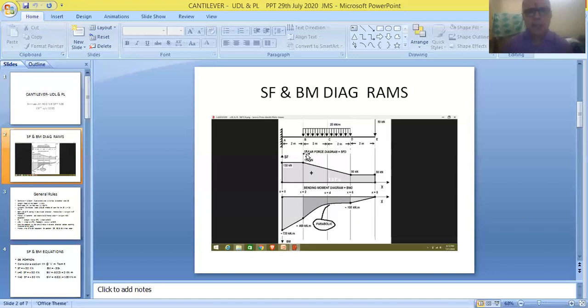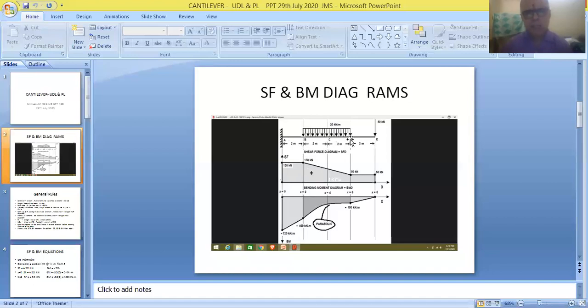As I've already told you, this is the starting point of the UDL and this is the end point of the UDL. The distance between the fixed end and the starting point of the UDL is given as 2 meters.